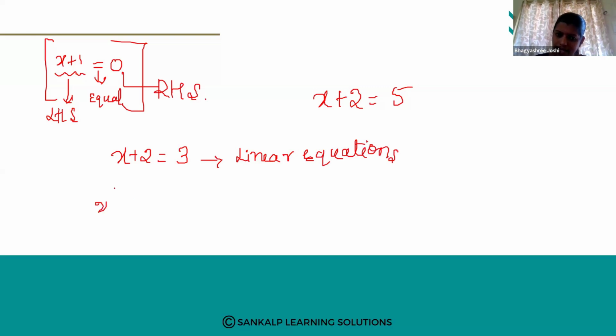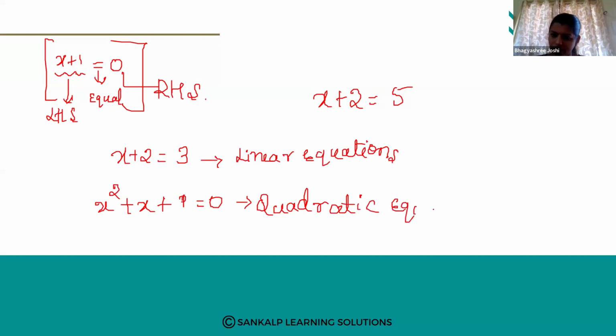If it has x square plus x plus 1 is equal to 0, such type of equations are called quadratic equations because it has highest power 2. Right? This is a quadratic equation. This you will learn in the next chapter, right? Then can you tell me what is the standard form for linear equation? See, for linear polynomial, ax plus b is the standard form.